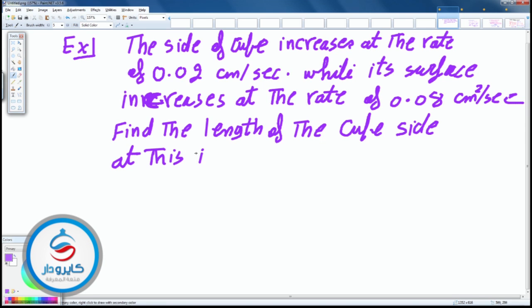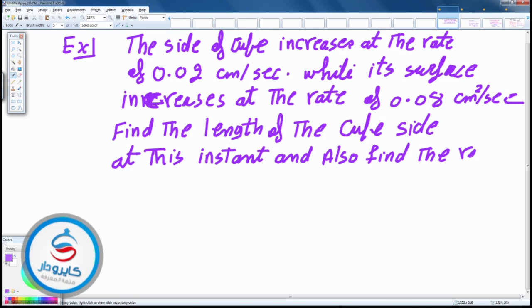The instant at which both the length of the cube and its surface have the same increase rate. And also find the rate of change of its volume.